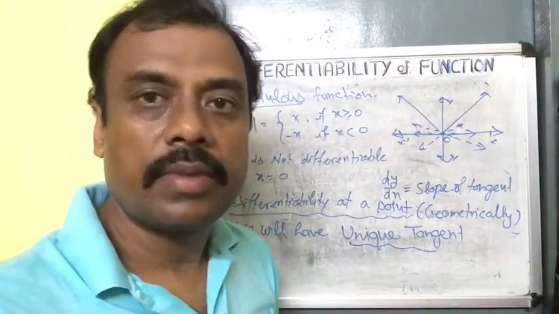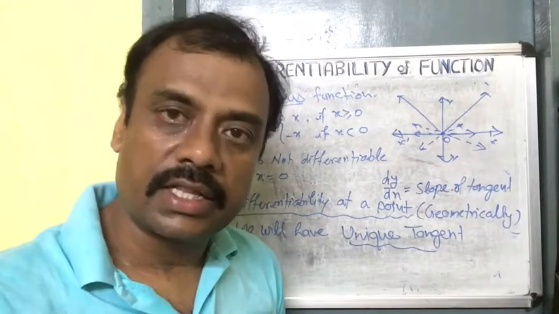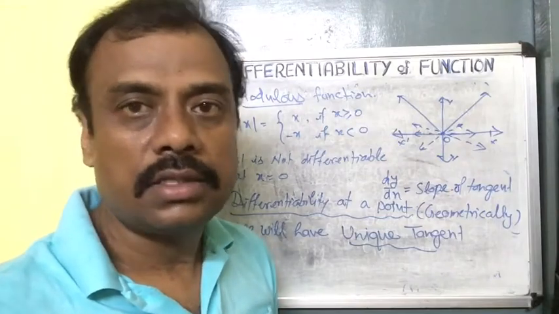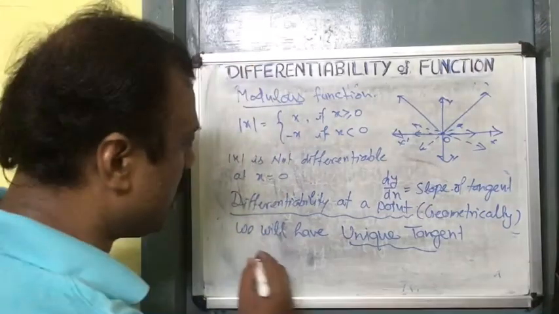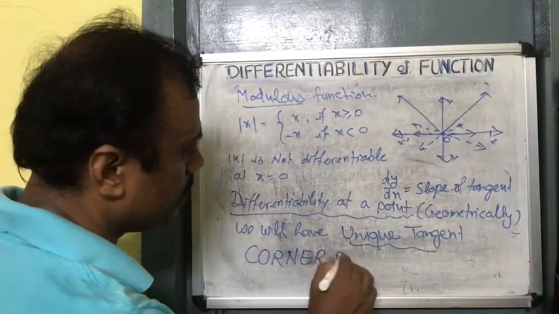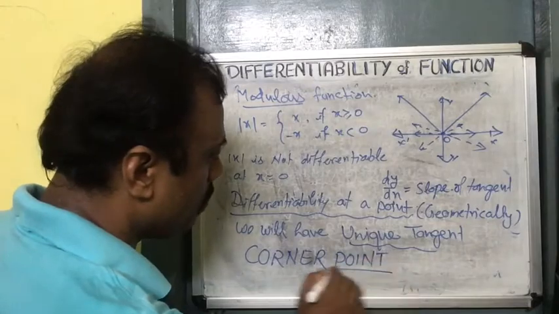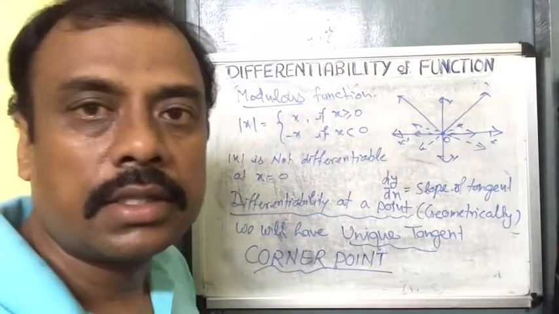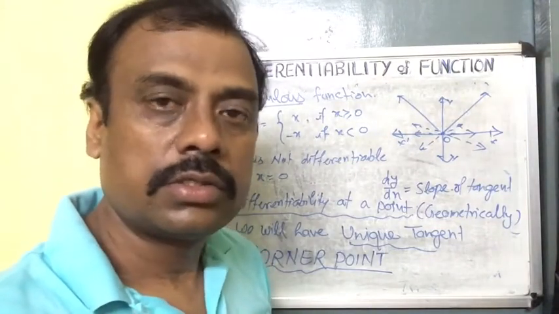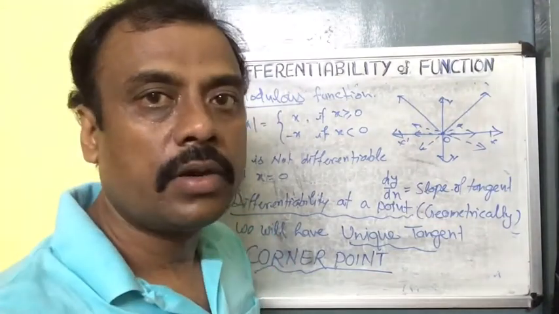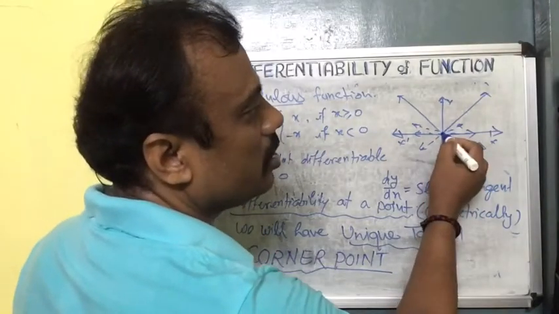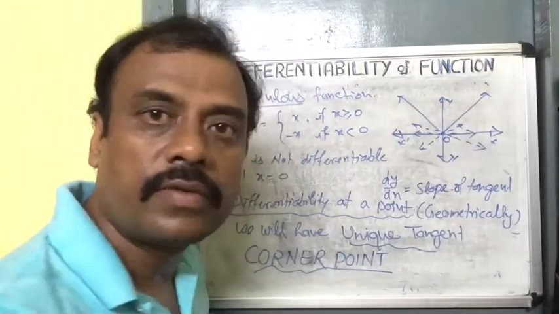If we are not able to have a unique tangent at that point, it means that function is not differentiable at that point. So, as we know that at the corner point there will be no unique tangent, the function will not be differentiable at corner points. So you can see it is a corner point. So here the function will not be differentiable.